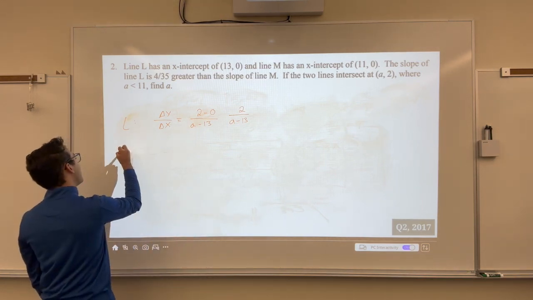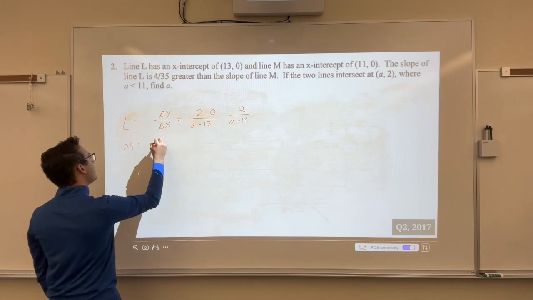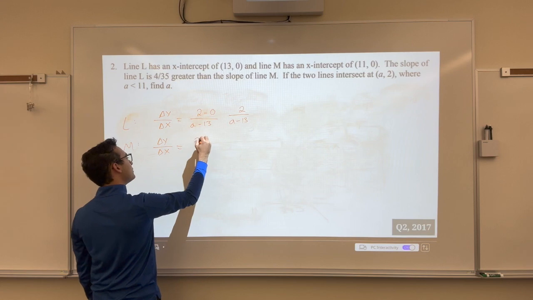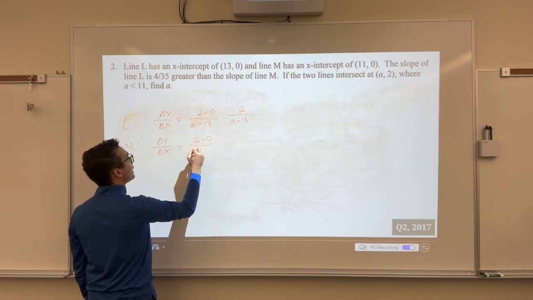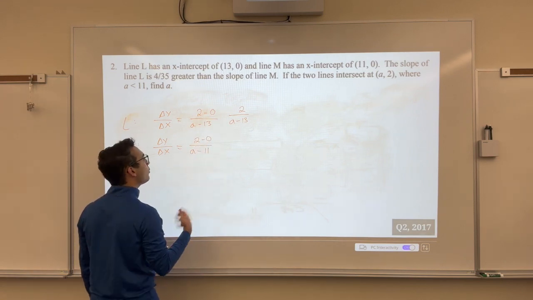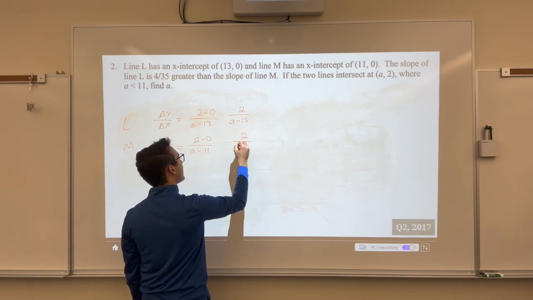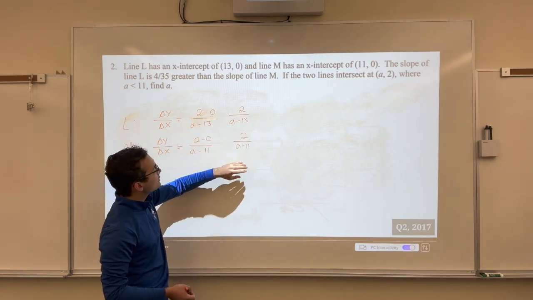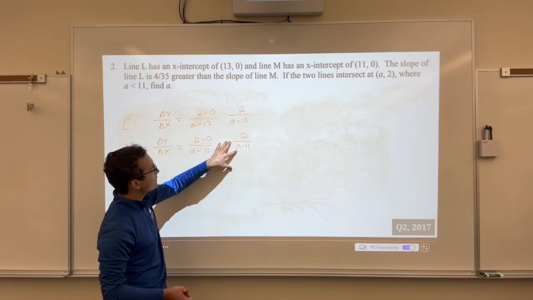So let's solve for line M. We get that the change in y over the change in x is equal to 2 minus 0 over a minus 11, or just 2 over a minus 11. Again, relating these to one another, all we have to do is add 4/35 to this value.